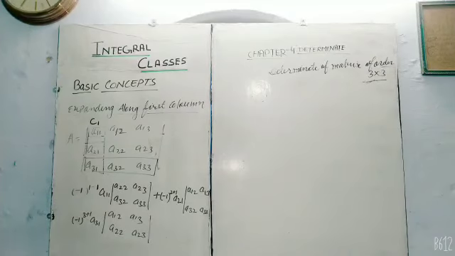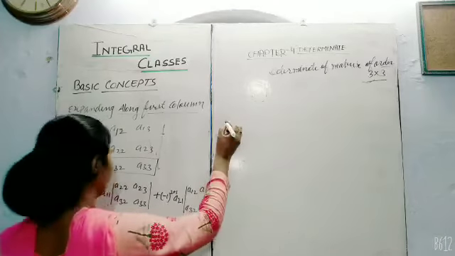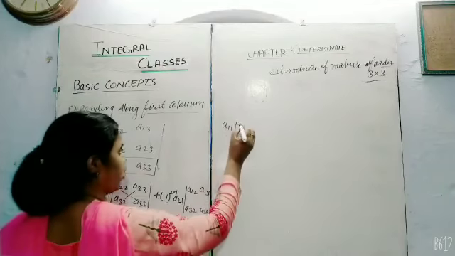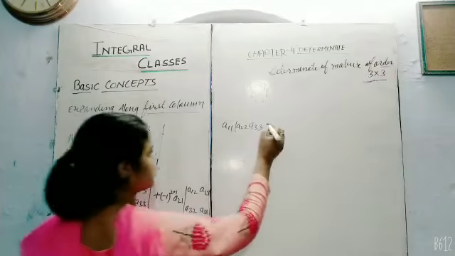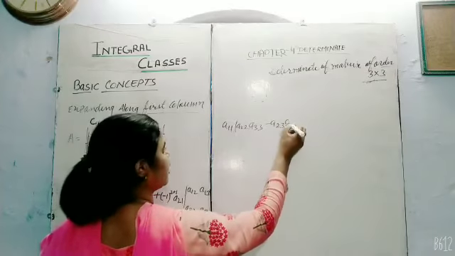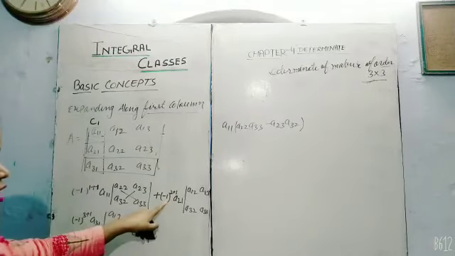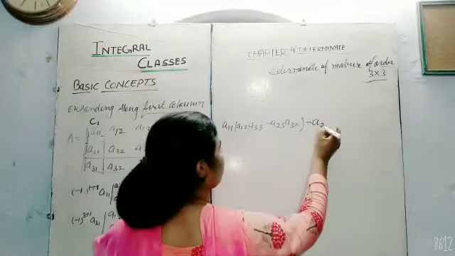Now we will solve again similarly as we solved when expanding along the first row. How? Minus 1 exponent 2 will become positive, A11. Now multiply: A22 A33 minus A23 A32. Minus 1 exponent 2 plus 1, 3, minus 1 exponent an odd number, so it will become negative, A21.